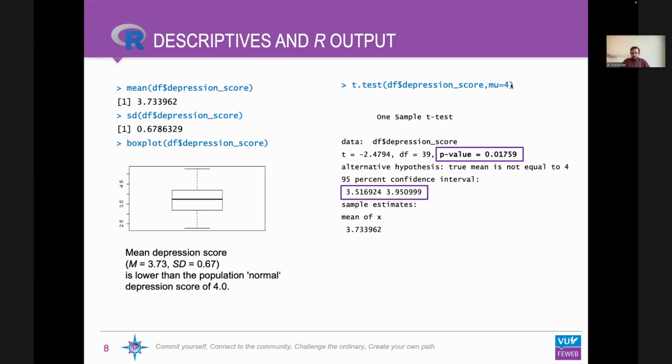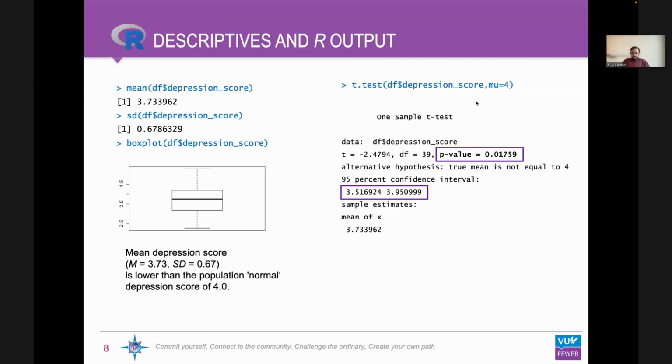If you have a mu equal to something, then it will understand that this is a one sample test. And then if you don't put anything else, the default option here is that it is a two-sided test.